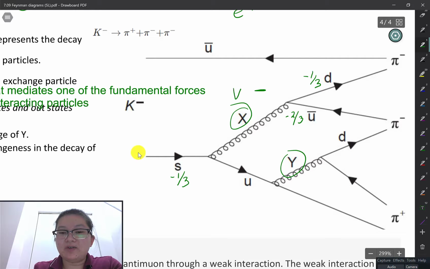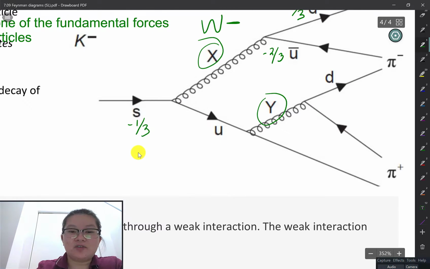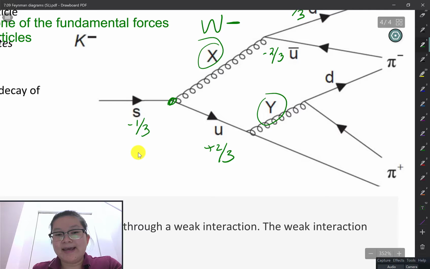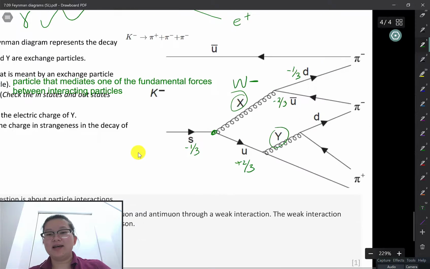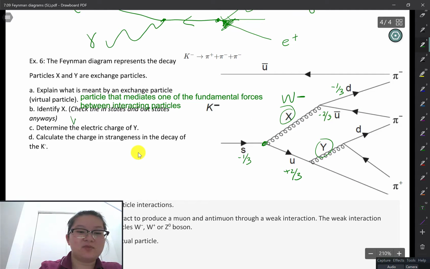It is likely going to be a W- boson, but we can check that with the other junction over here. At this junction we're producing an up quark, which is +2/3. We have -1/3, and minus a -1 charge is going to give us +2/3. So yes, both junctions check out with a W- boson. So that's what that's going to be.